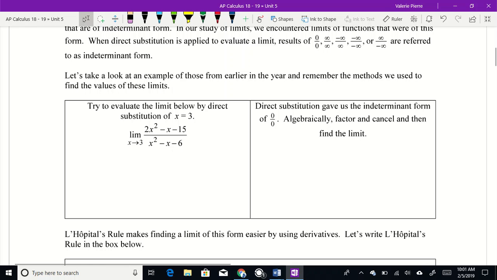So, when we try to evaluate the limit below, we could use direct substitution. The limit as x approaches 3 of 2x squared minus x minus 15 over x squared minus x minus 6. We don't need the limit notation anymore since we're just going to plug in 3.